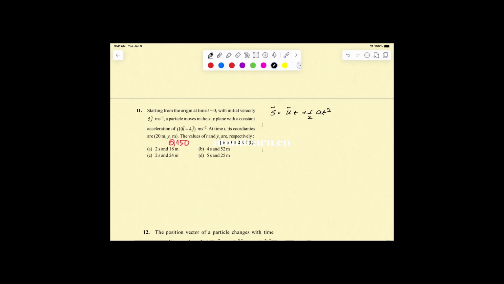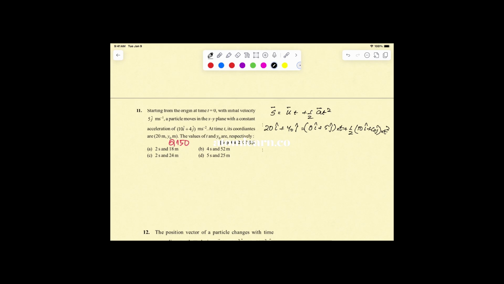Now let's fill this up. s is given by 20 i cap plus unknown y naught j cap, which is given by u, equal to 0 i cap plus 5 j cap, times t, plus half into a. a is also a vector, given by 10 i cap plus 4 j cap, into t squared.